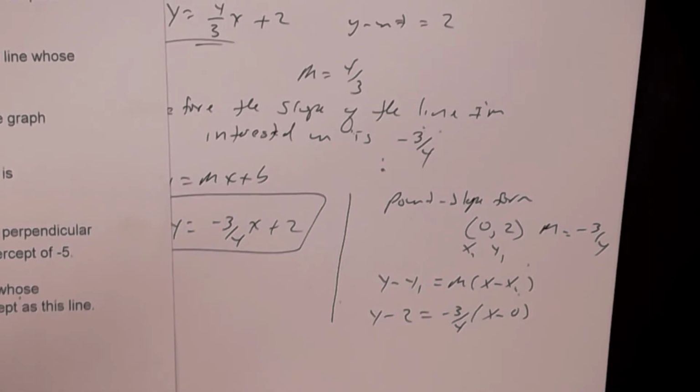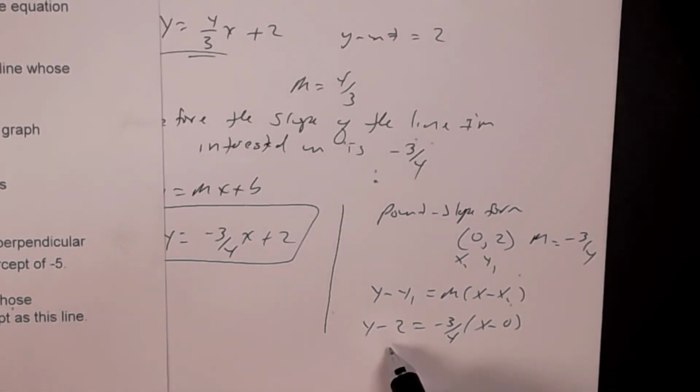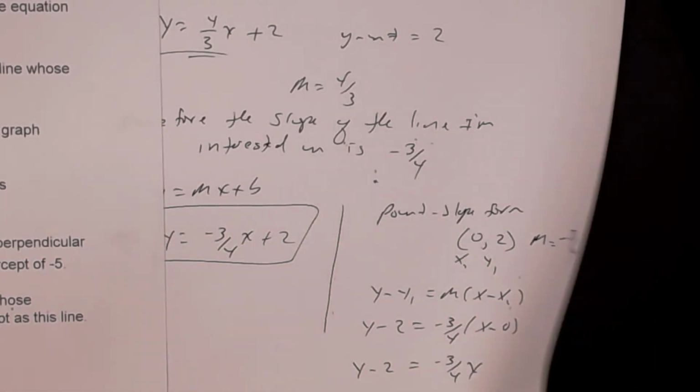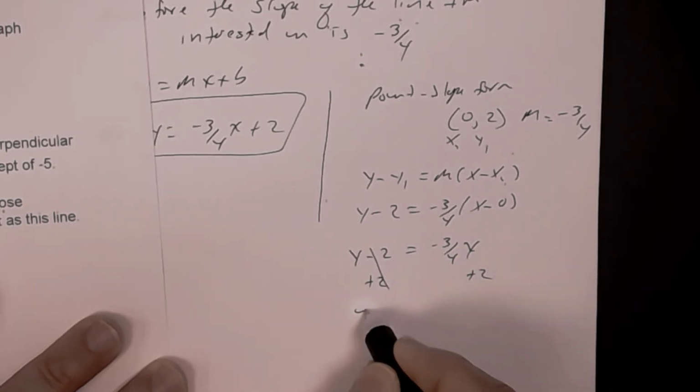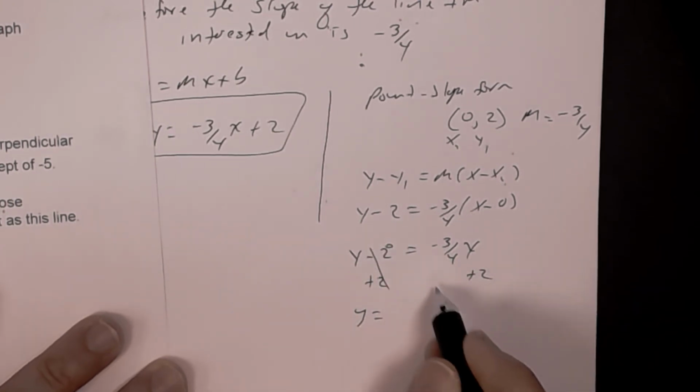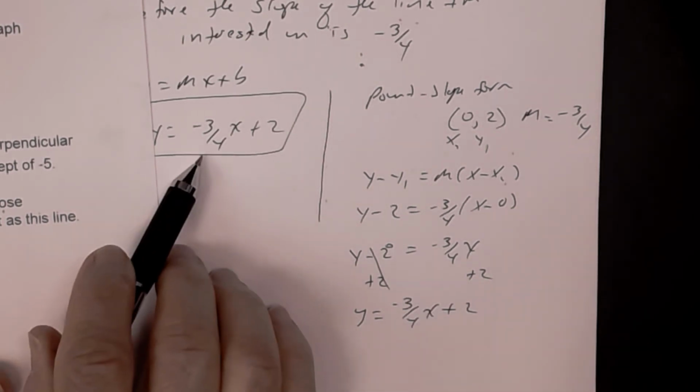And I want you to see something. If I get y by itself, do y'all agree that negative 3/4 times x minus 0 is just negative 3/4 x? And then adding 2 to both sides, I get y equals negative 3/4 x plus 2, which is what we had before.